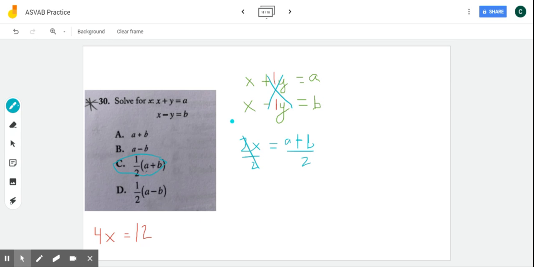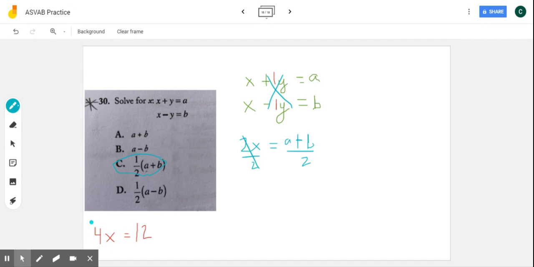Really quick, I just wanted to point out that in our original problem, we had two equations and two variables. And in any equations, you can only solve either one equation or a system of equations if you have the same number of variables as the number of equations. So I drew this example, 4x equals 12.